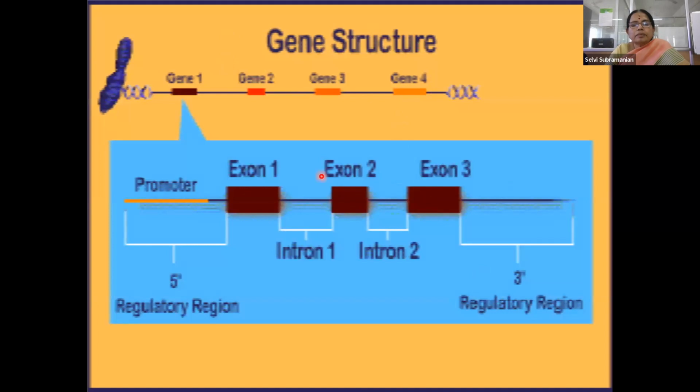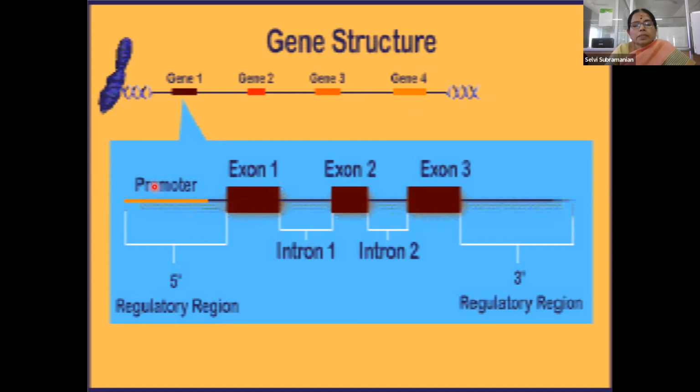These genes which we saw earlier, transporters, metabolizers, and receptors, also have the same structure as any other gene. A single eukaryotic gene structure involves exons and introns. Exons are coding regions, introns are intervening sequences, and it will have promoters that are regulatory sequences.